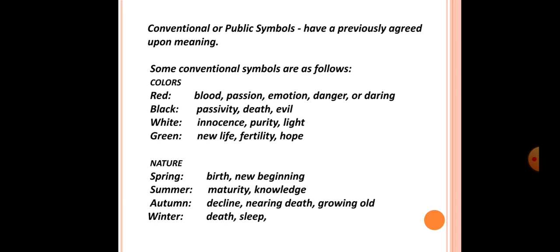Now, there are two types of symbols. Some symbols are conventional or public, whereas some are private or personal symbols.